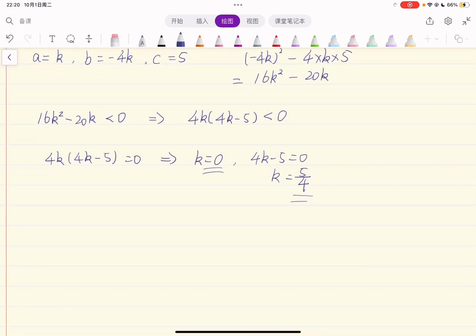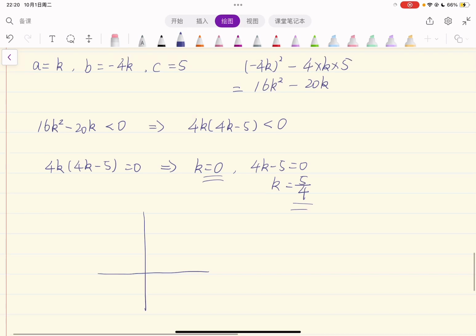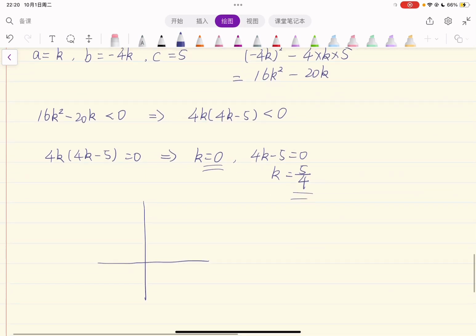And then we need to draw the graph of that. In this quadratic function, a equals 16, which is greater than 0, which means you have a smiley face.